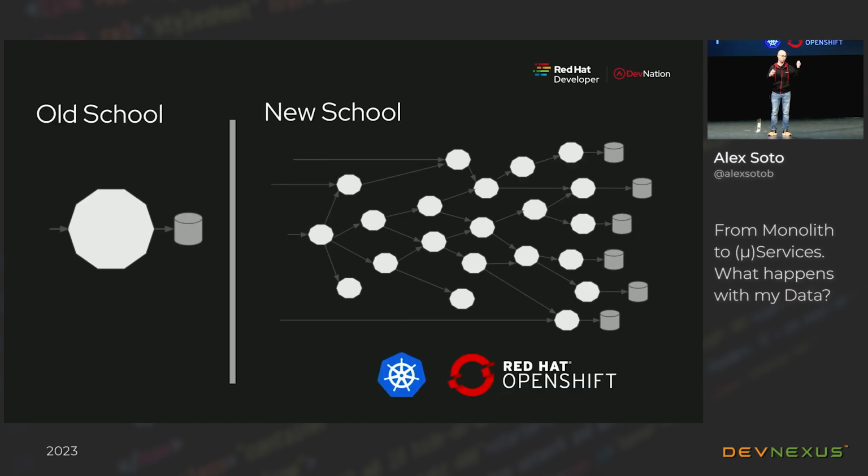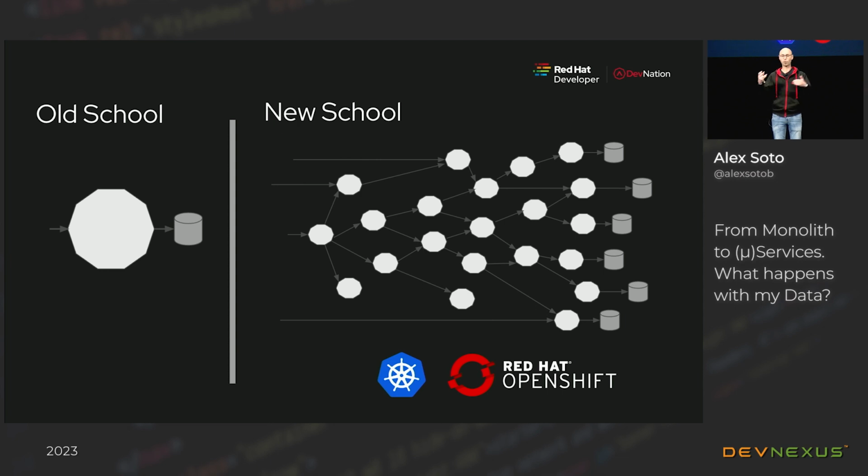So we're moving from this old school architecture, where we've got the monolith and a database, to this new school architecture, a service or microservice architecture. It works pretty well because now we are able to deploy and release to production not every 4 months, but every 3 weeks, 3 days, or every 3 hours.